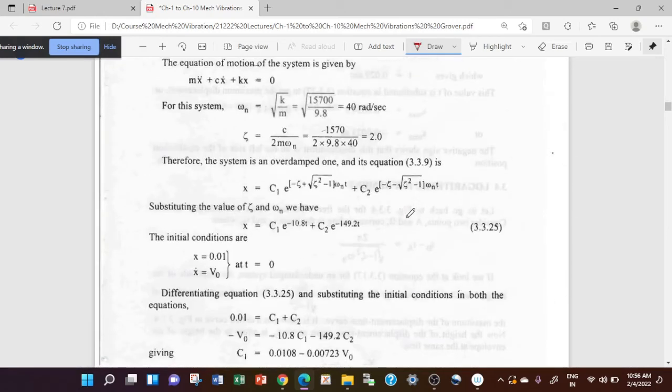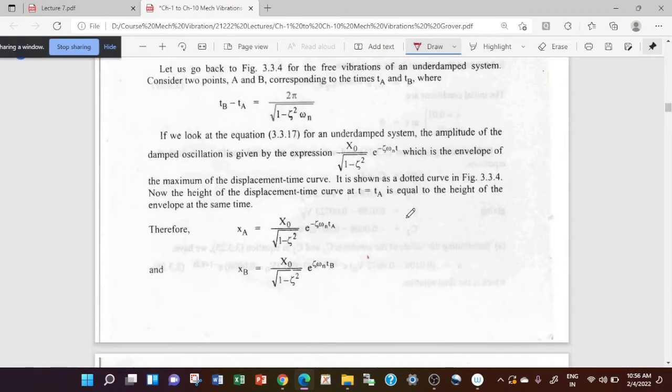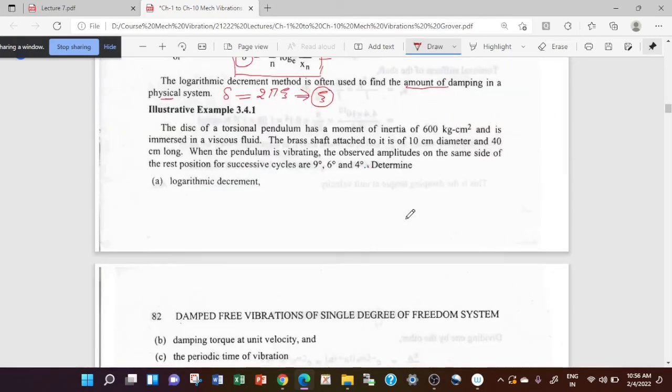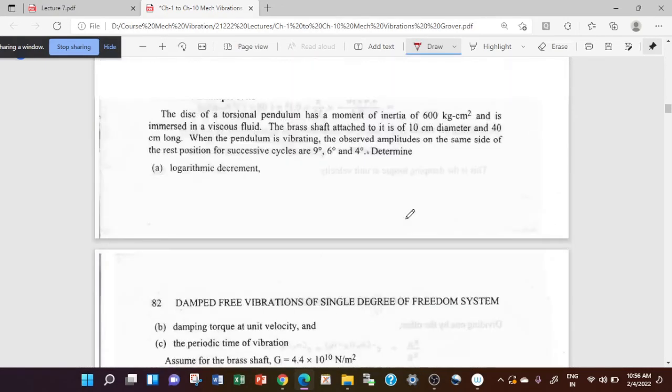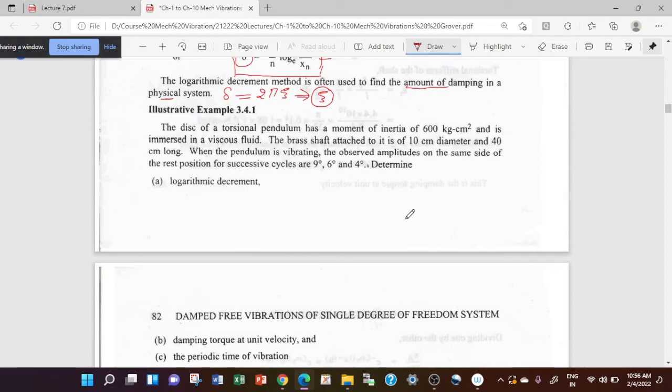So I can take one more problem. This is the torsional vibration of a damper type. Here you have a mass moment of inertia of 600 kg centimeter square.